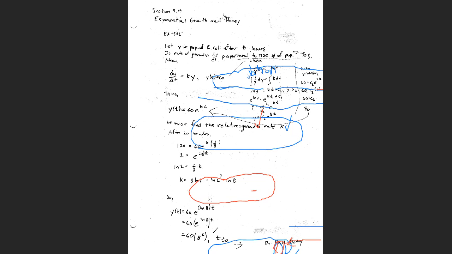So the rate of growth, well, I could differentiate my formula, right? y of t equals 60 times 8 to the tth power. I could differentiate that formula and get dy dt.